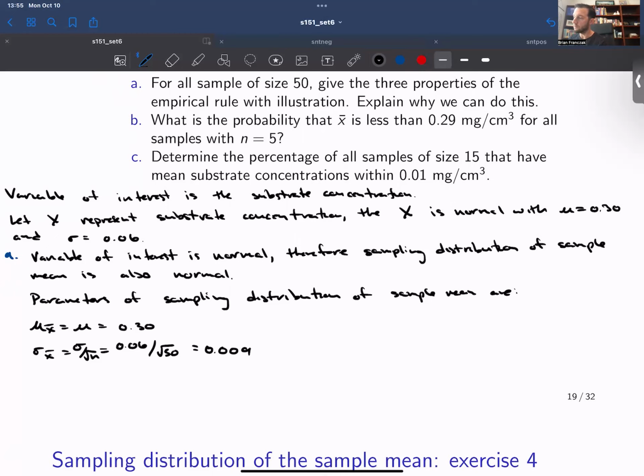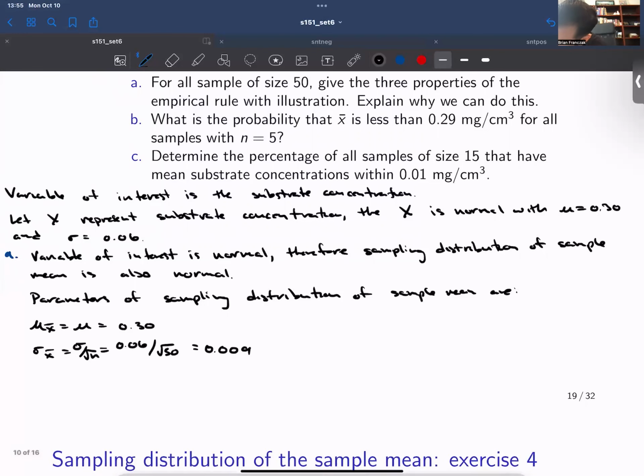All right, so now what we want to do is construct the empirical rule for this sampling distribution. Remember from the empirical rule, 68% is between mu plus or minus sigma.